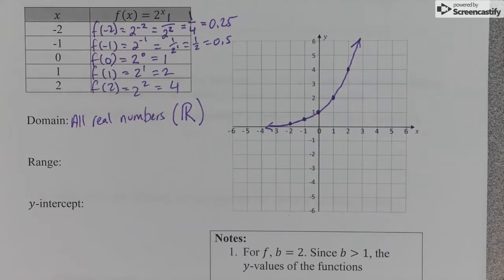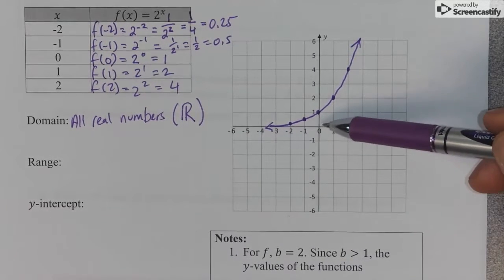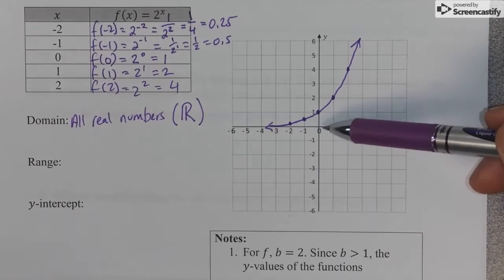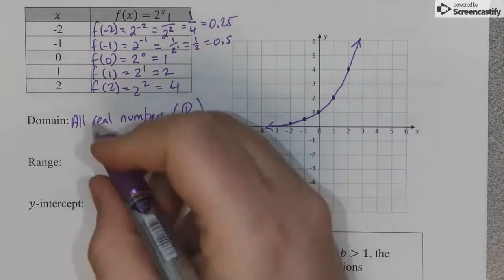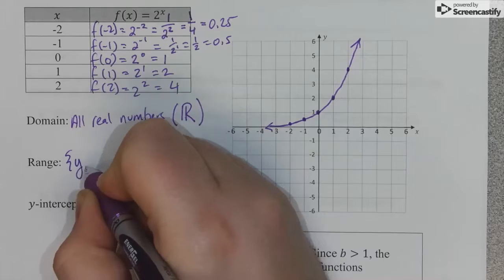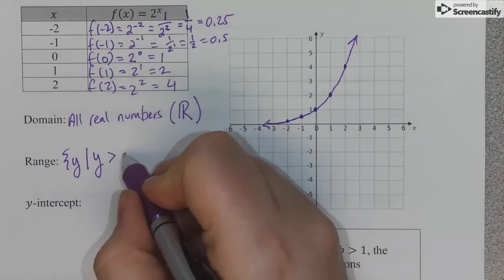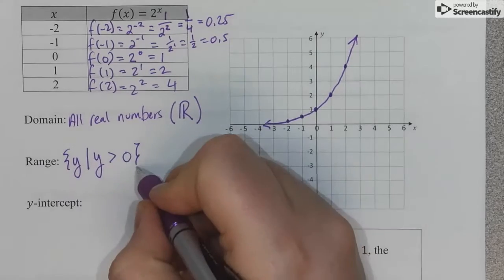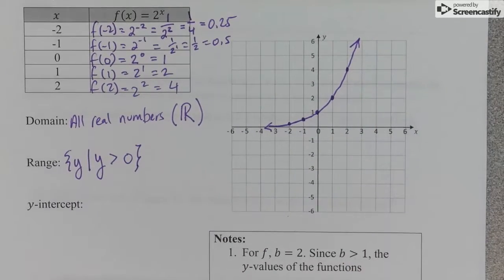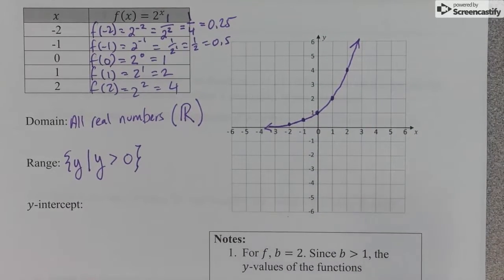The range, how much of the y-axis do we use? I already said that, we don't ever really quite get to when y equals 0. So our range is y such that y is bigger than 0. We don't have anything less than or equal to 0 on our graph for the y-axis.